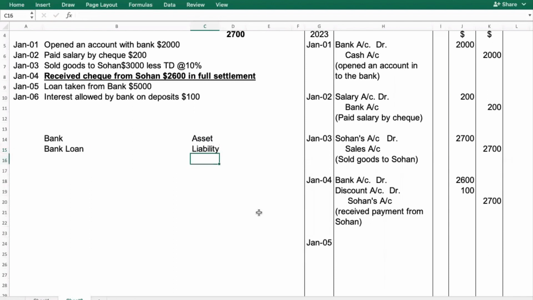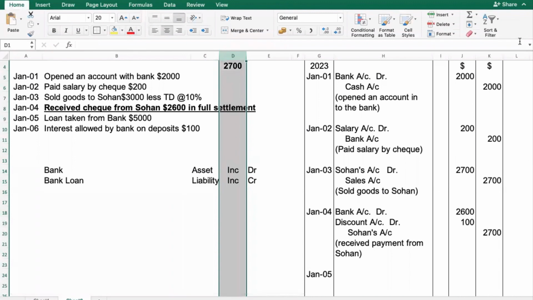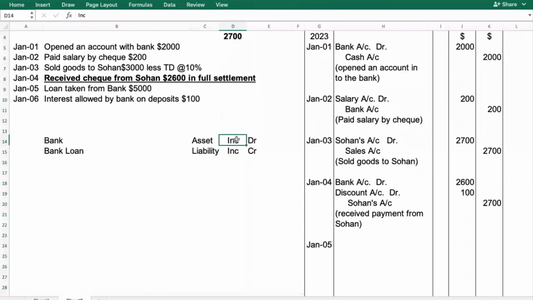Liability. Now tell me, is the asset increasing or decreasing? The asset is increasing. Liability is increasing. Both are increasing. Increase in asset, debit; increase in liability, credit. Do you remember the rules? So first we will record the debit item: bank account debit.